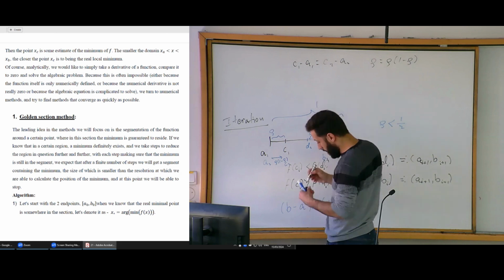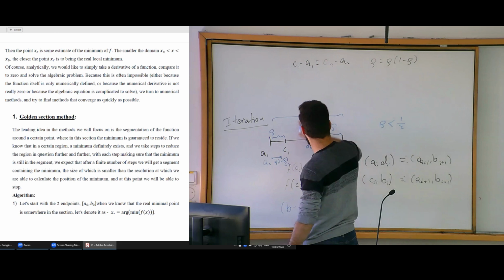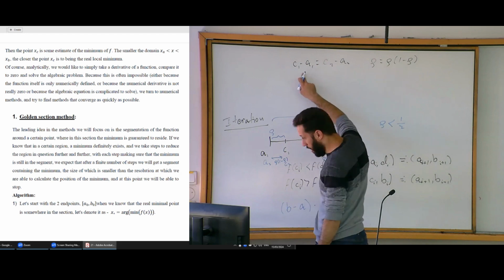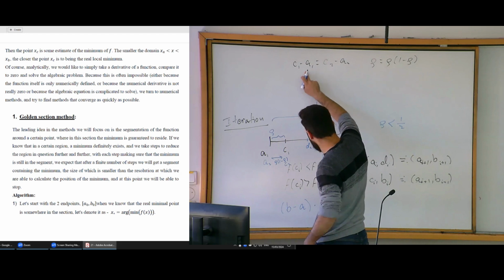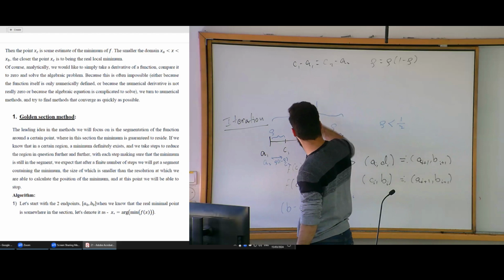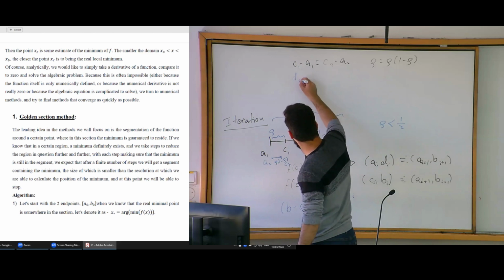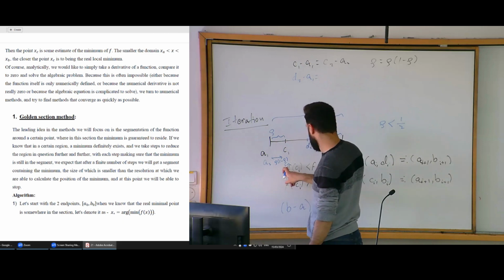Okay. This is one possibility, and the other possibility, I want that D2 minus A1 equals C2 minus A2.